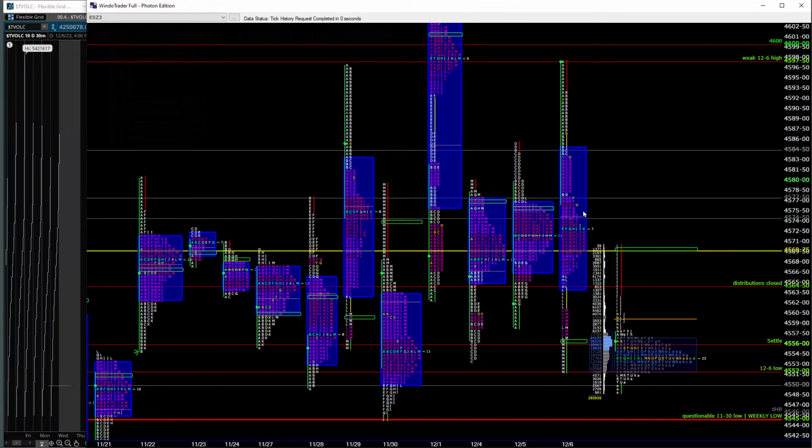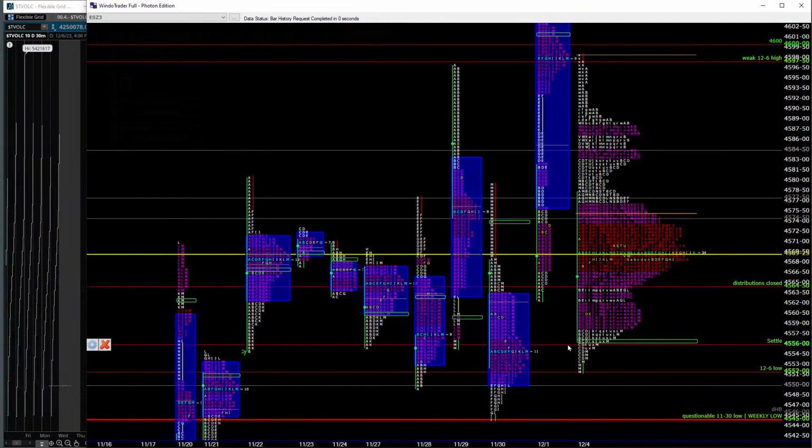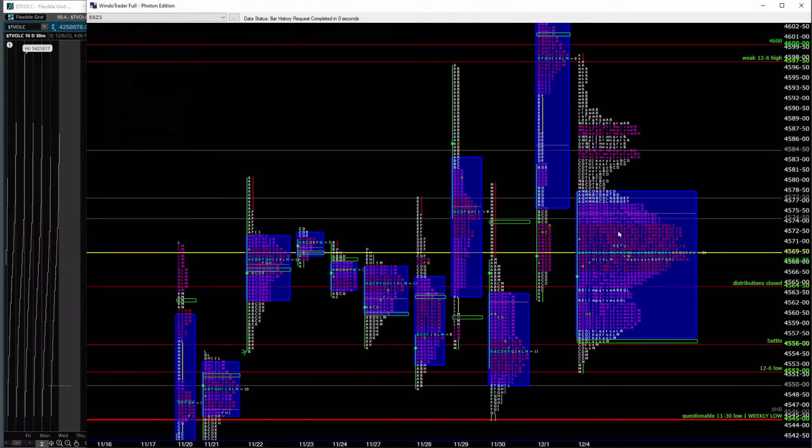The market is inside the range area, this balance. Okay, the market has come back to balance. One particular thing that we have from the overnight is a very prominent POC here. If I can join these 3 days, right? Now notice where this value area is.